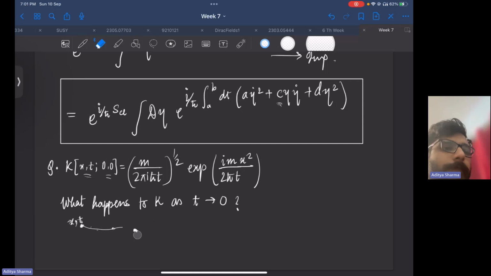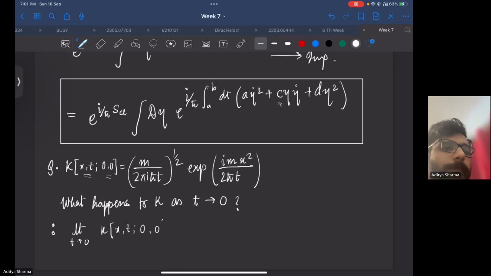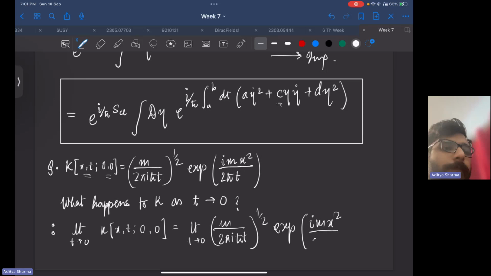But we want to find this result using this expression of the kernel. So what we do is we take the limit t tending to zero. Now I claimed that since it is a probability distribution, it should be Dirac delta of t.